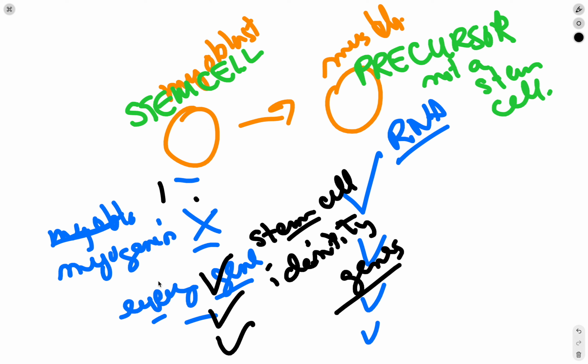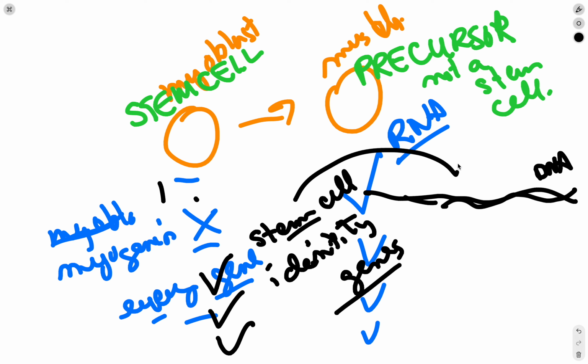So we can identify these stem cell identity genes, and we don't need to learn the names of them, but this is what Yamanaka did with them. So he would take the DNA for a stem cell identity gene, and he would take the transcription unit that's going to code for the stem cell identity gene, and he would swap it with the regulatory gene of a gene that's expressed in a precursor cell.